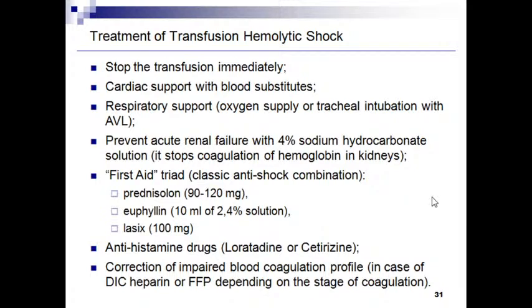If the patient is fully conscious, we can use nasal catheter or face mask for ventilation of patient's lungs and for supply of gaseous mixture with oxygen. If the patient is unconscious rapidly or due to prior disease, we should intubate the patient, perform endotracheal intubation, and connect the patient's lungs to machines for AVL.